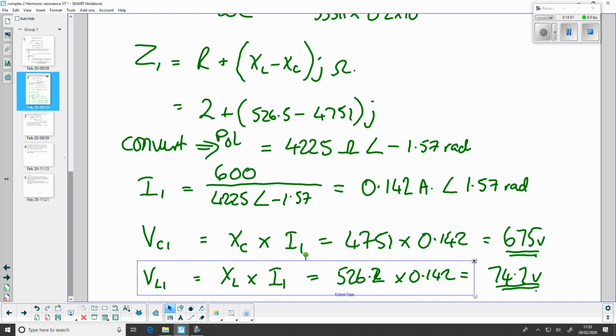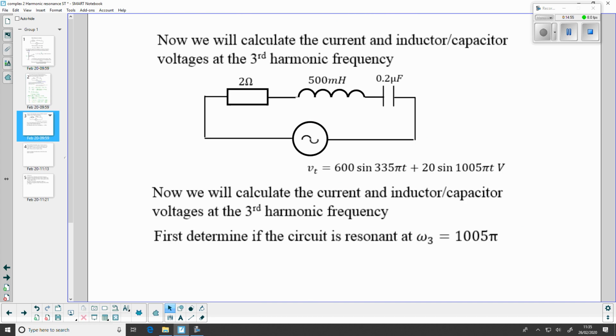So, over the page, your job now is to do the same calculations. First of all, determine if the circuit is resonant at omega 3. Start off by finding XL3 and XC3, and are they equal?